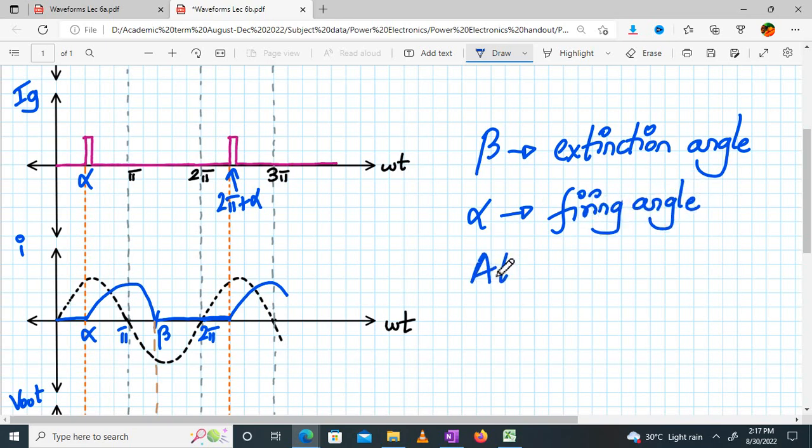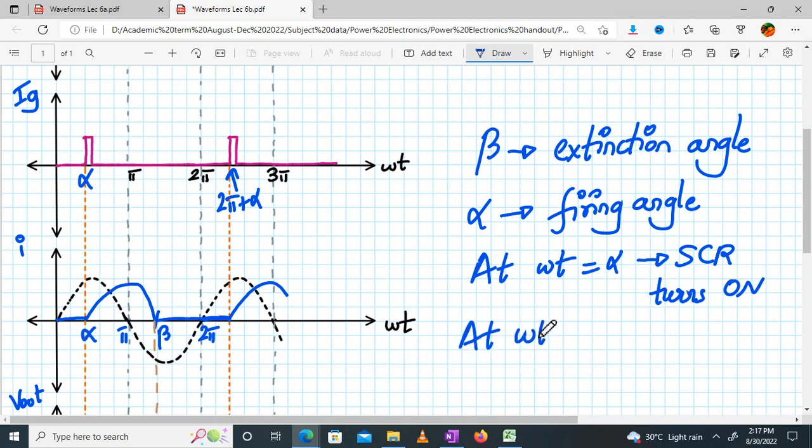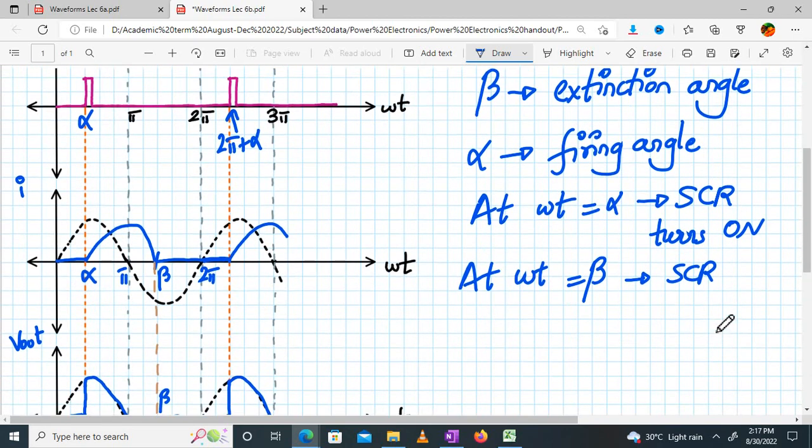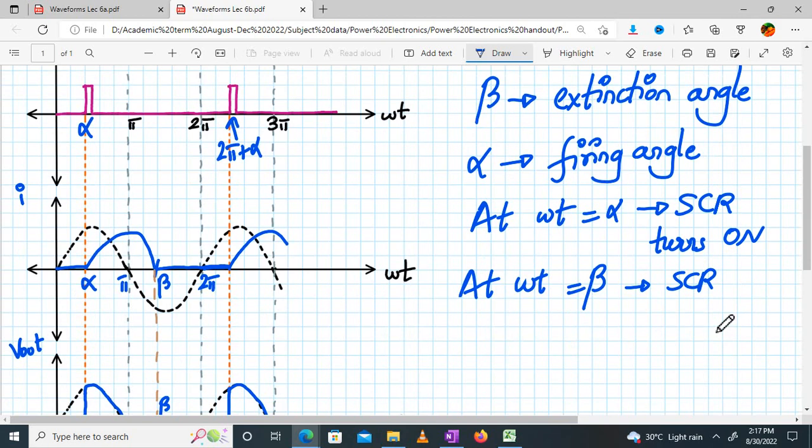So at omega t equal to alpha, my SCR is turning on. And at omega t equal to beta, see, everyone, whenever omega t is equal to alpha, I am controlling it.